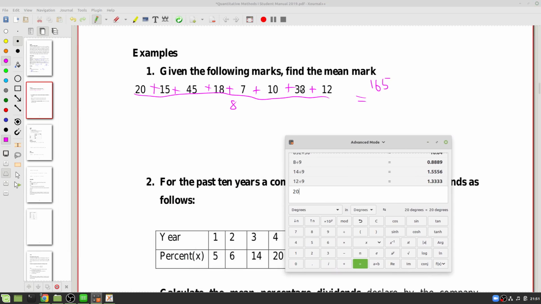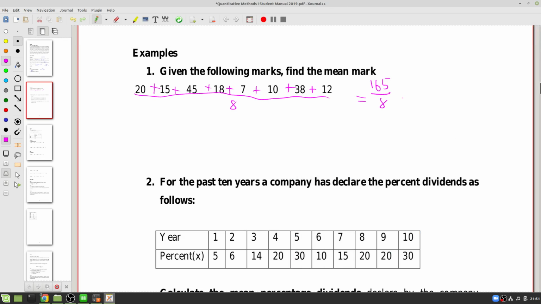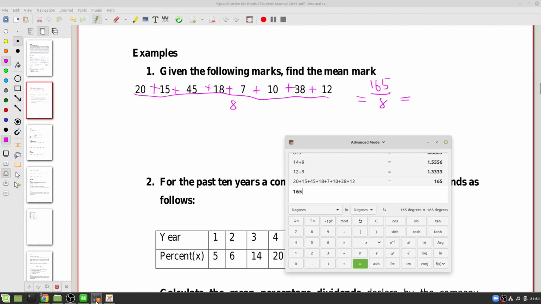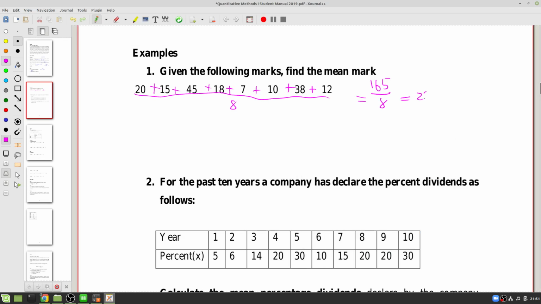Apologies for the slow working. 20 plus 15 plus 45 plus 18 plus 7 plus 10 plus 38 plus 12. That is 165. Divided by 8, and we get 20.625. So that is our mean, or our average of all these marks.